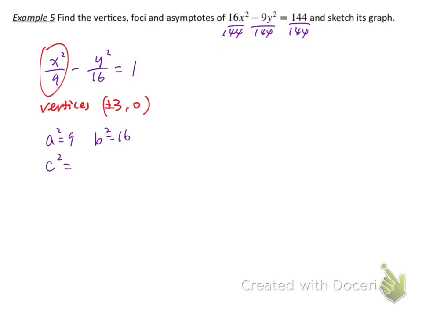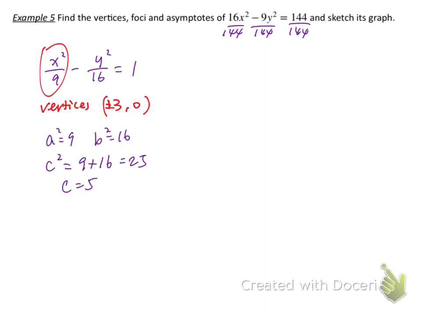So when you put them together, you don't know which one is higher, you can't subtract. So here you are going to add them. 9 plus 16, which is 25, which means c equals 5. Okay, and that means, again, the foci happen on the same axis as the vertices. It's just that in a hyperbola, the foci are further than the vertices.